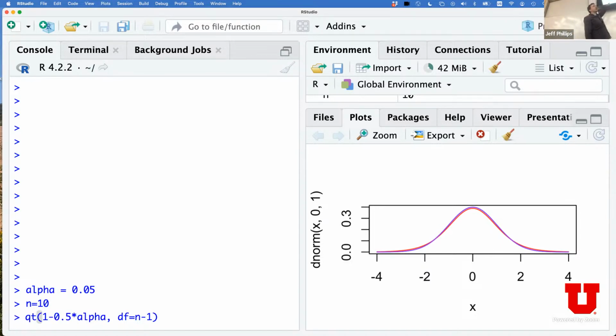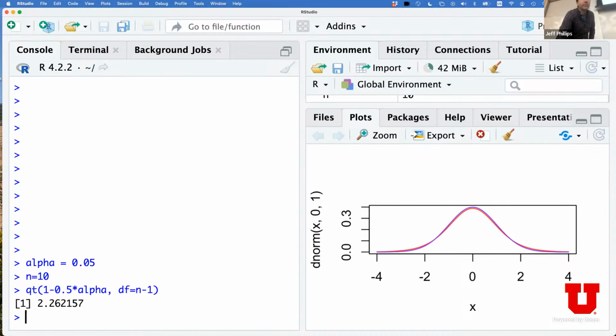Remember, we used the quantile function for the normal distribution before, with 1 minus 0.5 times alpha, because we only want the tail on one side. This gives us the value of the upper tail. But before we put in 0, 1, and now we put in n, because it depends on n. As n gets bigger, it approaches the normal; as n is smaller, it looks different. So it passes in the value we approximate at, 97.5. When the quantile function reaches almost the top, how far from 0 should that get? It gives us a value of 2.26.